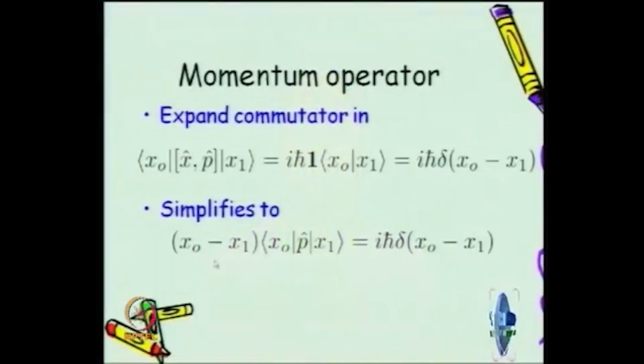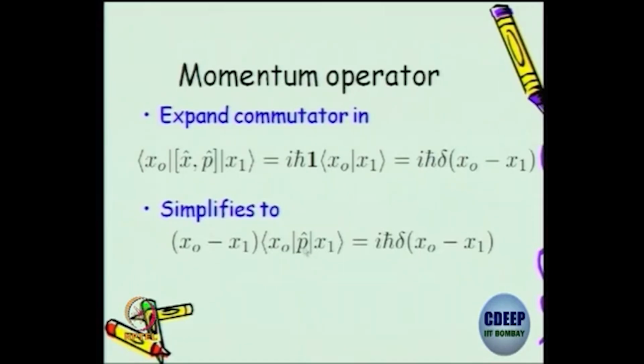So this is the result we have to use for the commutator, and let us look at the simplified equation here. The commutator will be simplified as x0 minus x1 times the matrix element of the momentum operator between x0 and x1, and the right hand side is nothing but your Dirac delta function.